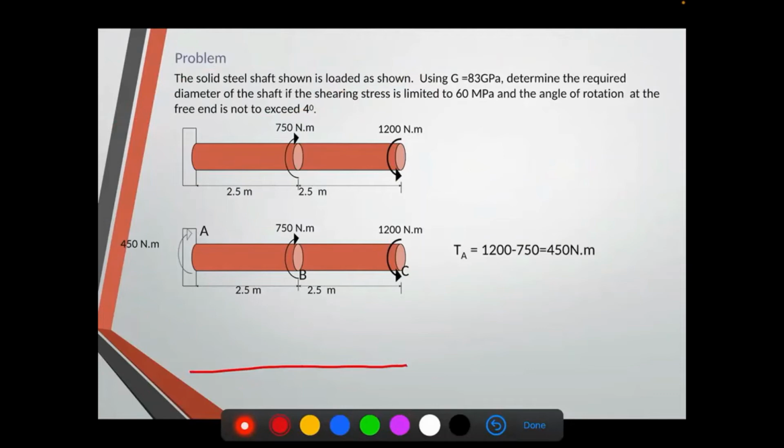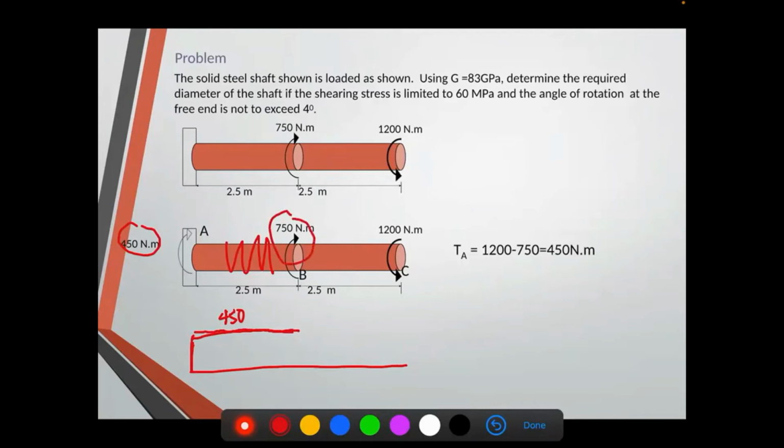All throughout here, since there is no moment present, there's no change from A to B. So our 450 is constant. It is continuous all throughout AB because there's no moment present that will cause any changes from A to B. But from point B, we have an additional 750.